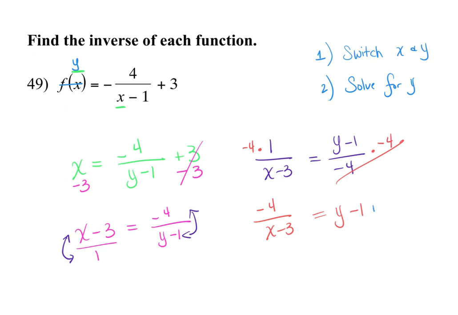I need to add 1 to both sides. So on the left, I have negative 4 over x minus 3 plus 1 equals y. And so my final step, once I have solved for y, I'm going to rewrite the y to be f prime of x. That tells me I found the inverse. And so instead of writing a y, just write f prime of x.